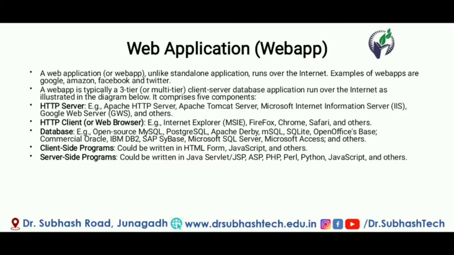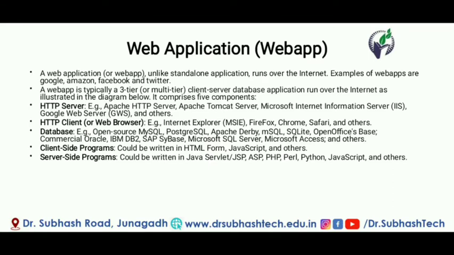To handle the client side programs, we can use HTML, JavaScript and other technologies for client side programming. Same as at the server side, we can use Java Servlet, JSP, ASP, PHP, Perl, Python, JavaScript or many other technologies for server side programs. So these 5 components are a must when you create any web application.